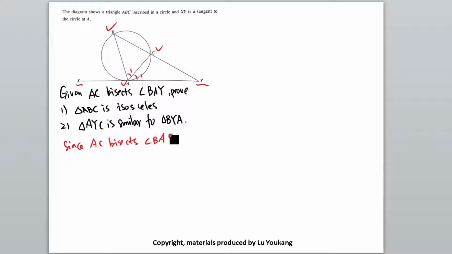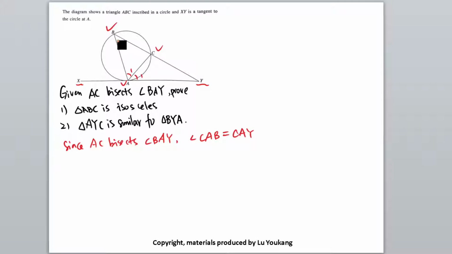Triangle ABC is isosceles. So since AC bisects my angle BAY, therefore angle CAB is equal to angle CAY.